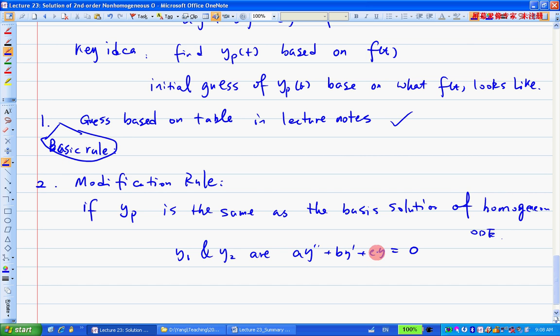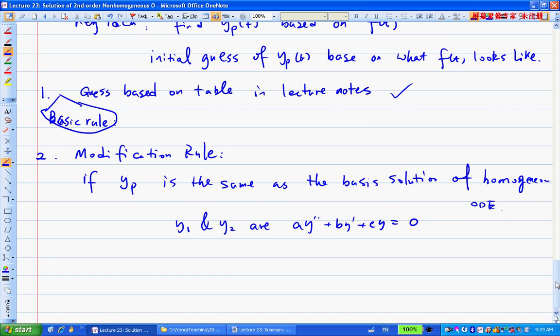And you form your general solution by c1 y1 plus c2 y2. Now if it happened that this yp, your first guess from the basic rule, happened to be the same as maybe y1 or maybe y2, then that's where we need to apply this modification rule right here.